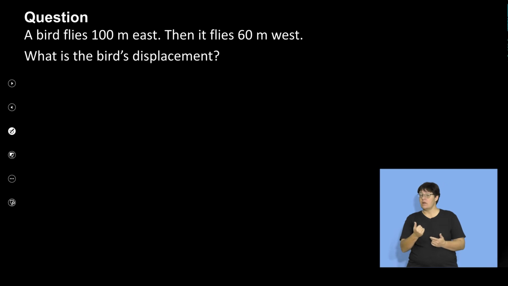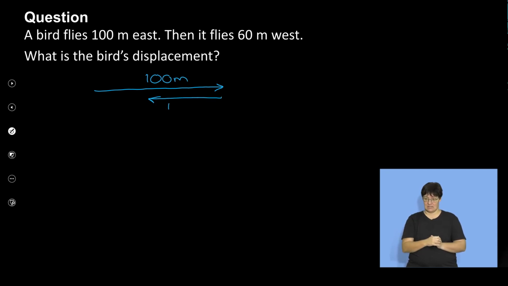Now they ask us, what is the bird's displacement? If I drew this with a scale diagram, so there's my 100 meters, there's my 60, I know now that her displacement, I'm calling it a her, is from the start of the first one to the end of the last one.